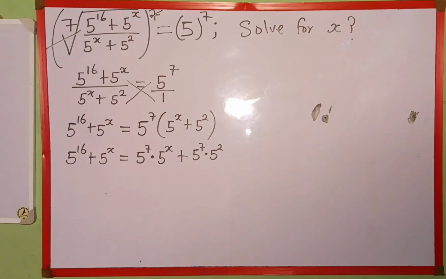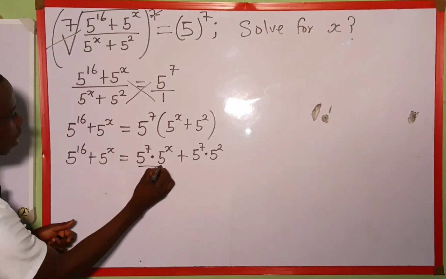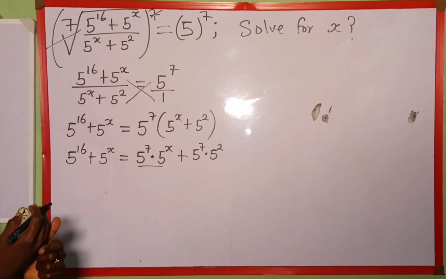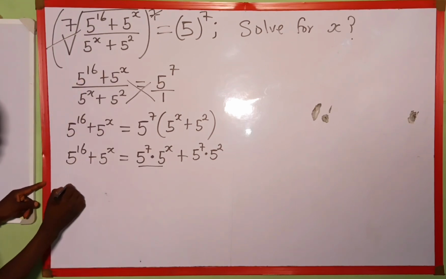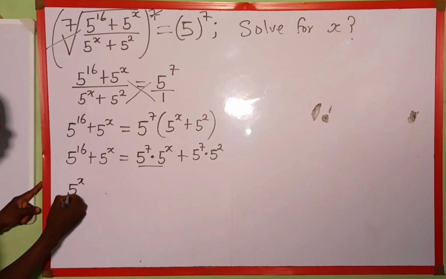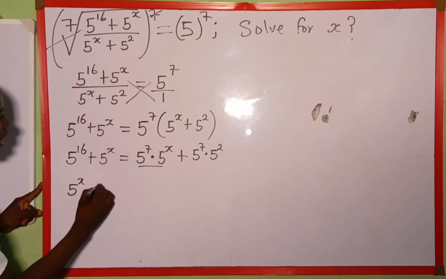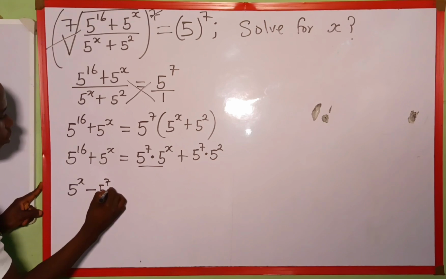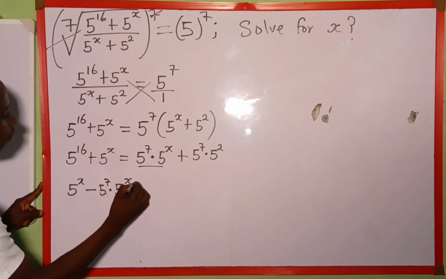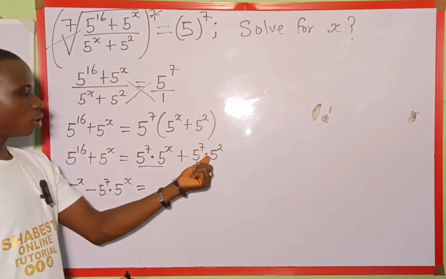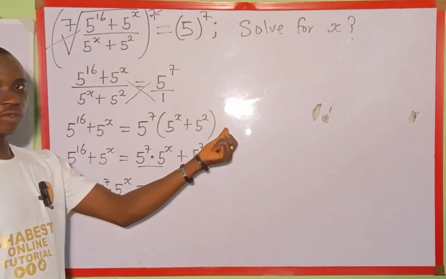Now the next thing we're going to do is to move this term with variable x to the left hand side. Then we take the remaining one to the right hand side. So in the left hand side we have 5 to the power of x. And when this is positive, when it crosses to the other side, it becomes negative 5 to the power of 7 multiplied by 5 to the power of x, which is equal to, here we have 5 to power 7 multiply 5 to the power of 2.